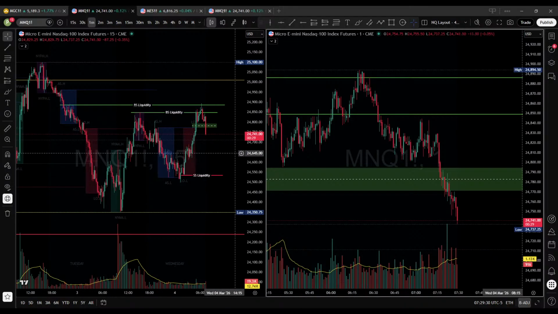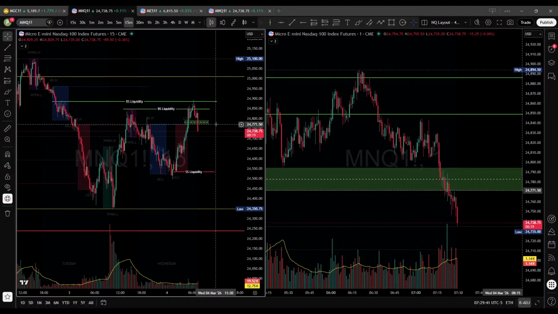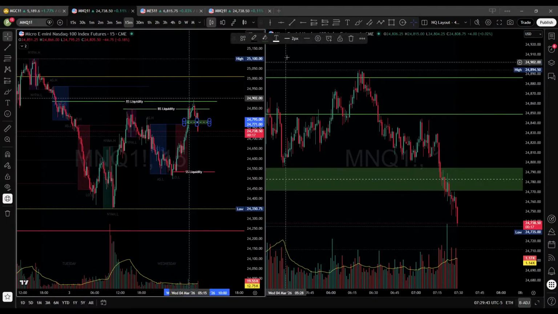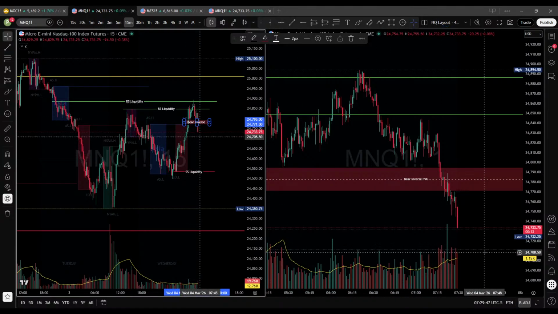We have to wait for this 15-minute candle to close, which closes in 30 seconds. Once it closes, I would like to see a pullback till 771 for this retest of this fair value gap, which can be an inverse fair value gap.